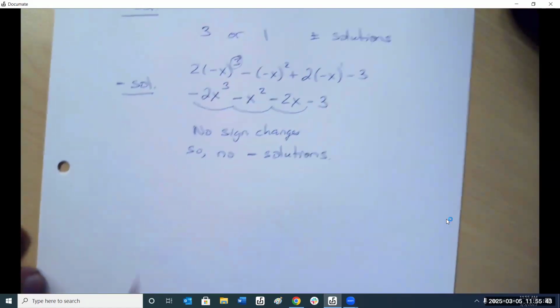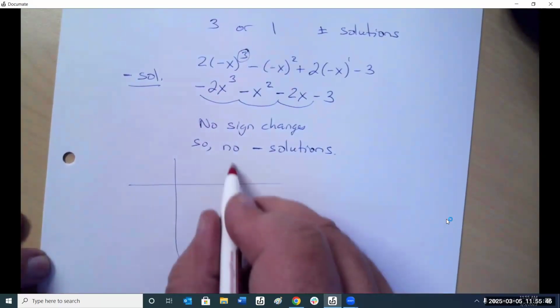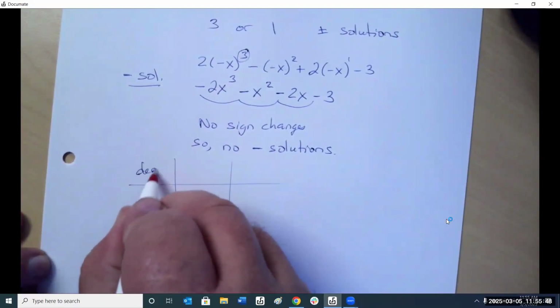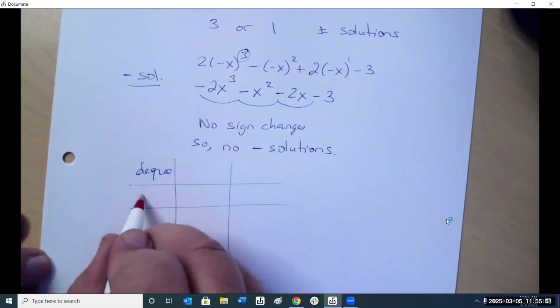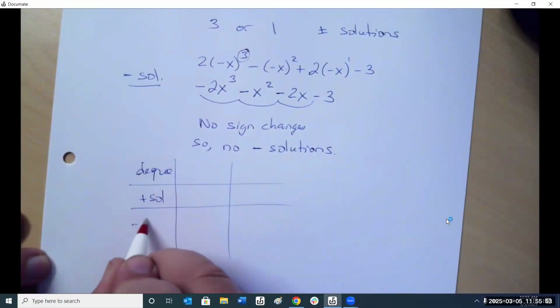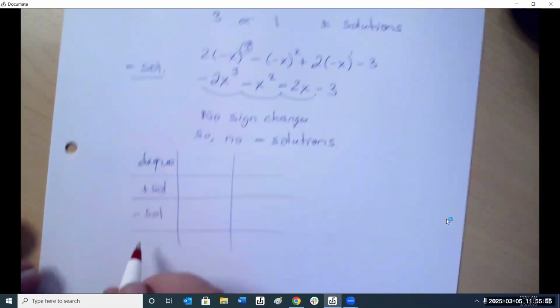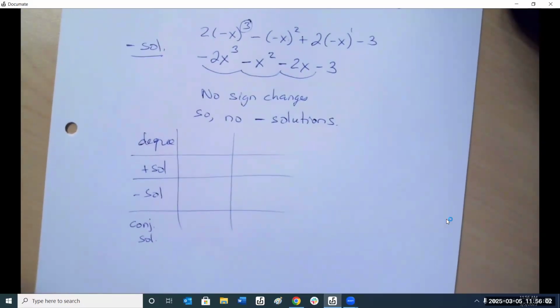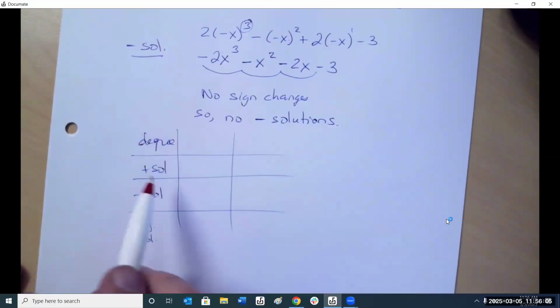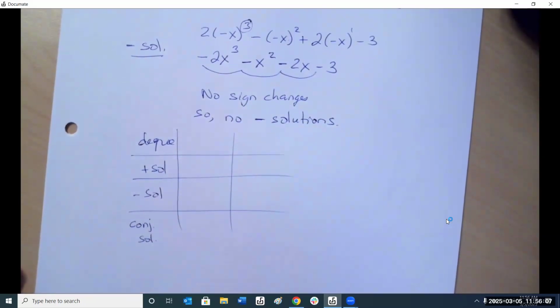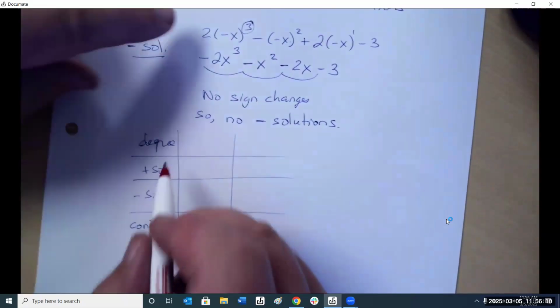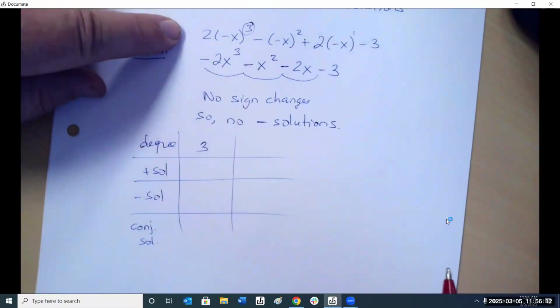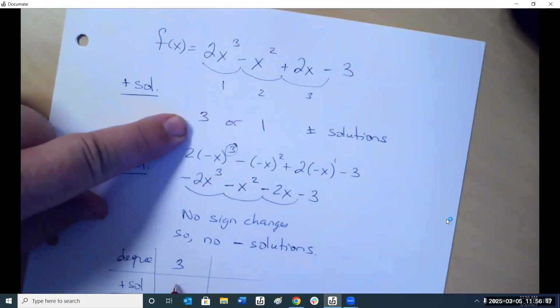So what does this mean? We can either have positive, negative, or a conjugate pair. The degree of this one is 3. According to this, we can have 3 positives.